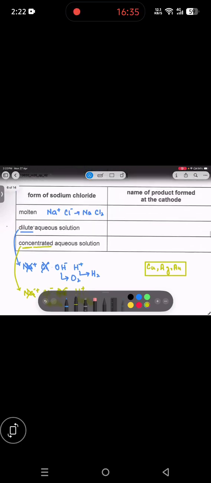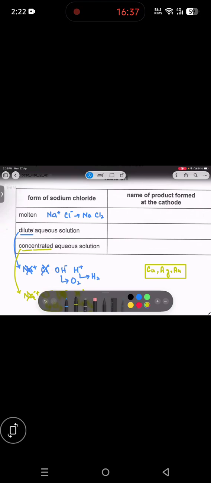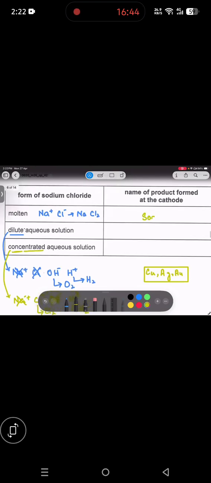Now, name the product formed at the cathode. So at the cathode, the product for the first one is sodium. You have to write down the name here, not the symbol. The next one is hydrogen. And the last one again hydrogen.